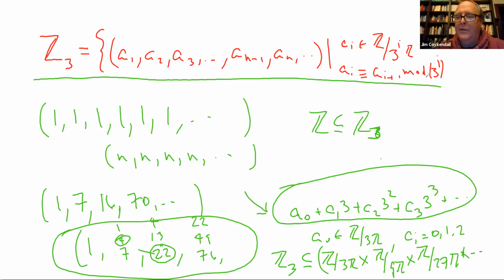This is one nasty ring right here. It's got an identity, but it is very, very far from being an integral domain. There's lots of 0 divisors, right?